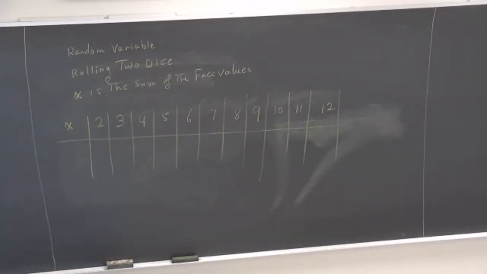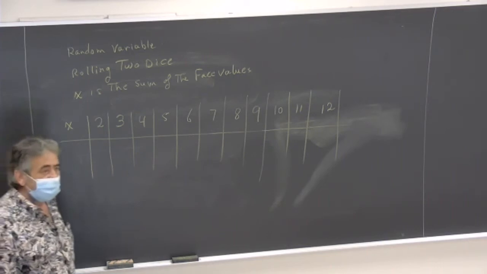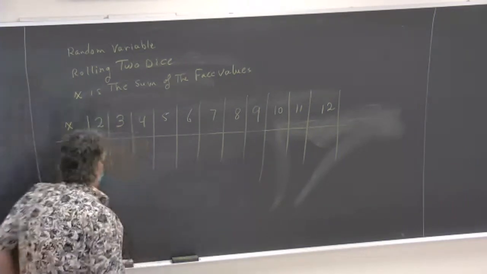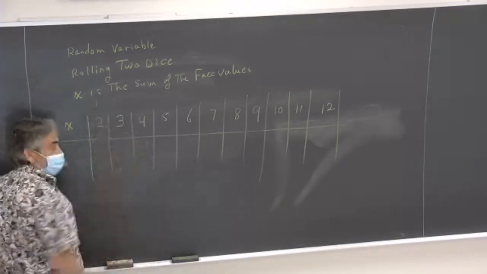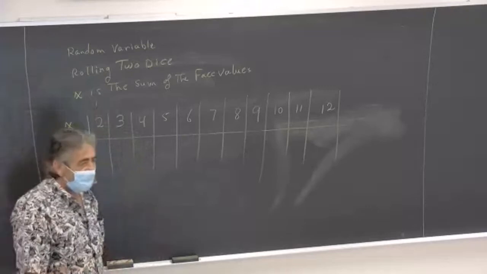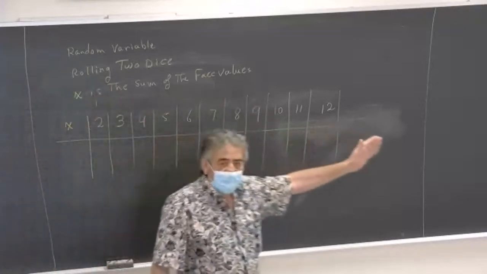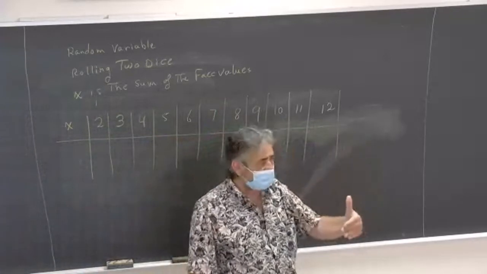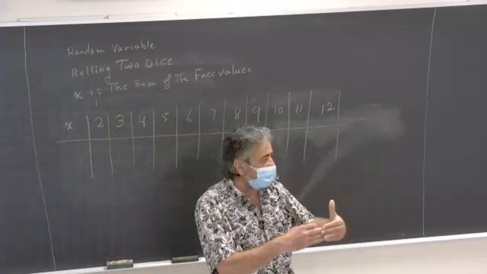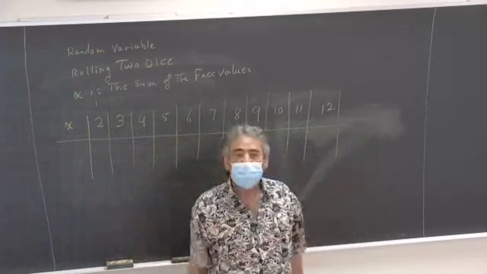So once again, last time I did talk a little bit about how many ways you can get each one of those, right? We said on the 2, we can get it one way, right? That's the only way. And then the numbers start going up by 1, all the way until we get to 6. And when we get to 6, the numbers start going down by 1.